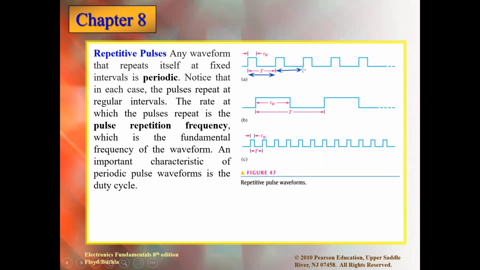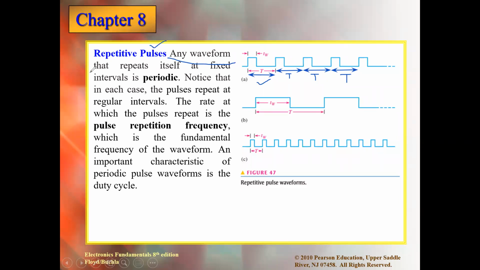Look here again, from here to here, from here to here. So this is actually your actual pulse, and this is repeating itself. Definitely it will repeat itself after a time period. So this type of pulse train is called repetitive pulse.